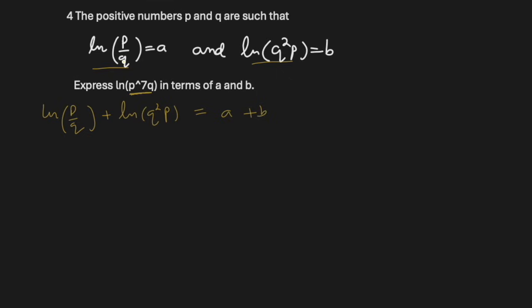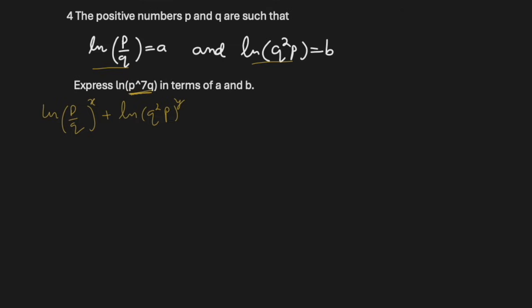Because I am adding left side with left side, right side with right side. But our target is p to the power 7 q, and that is possible because these two natural logs are adding, their multiplication should be this one. That means somehow if I give an exponent x here and exponent y here, then it will become p to the power 7 q, but this will not remain equal to a plus b, so I am going to erase it. We'll talk about this later.